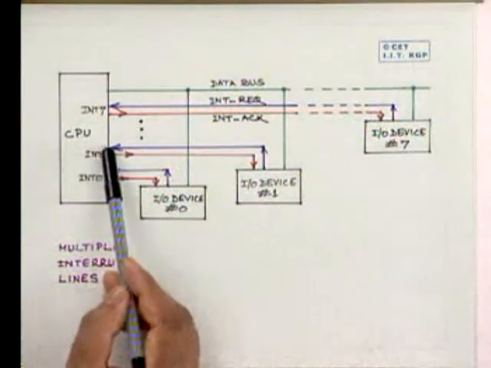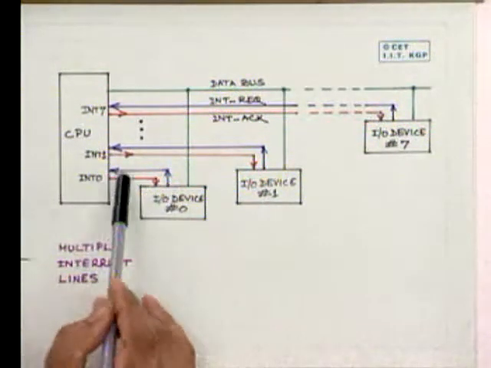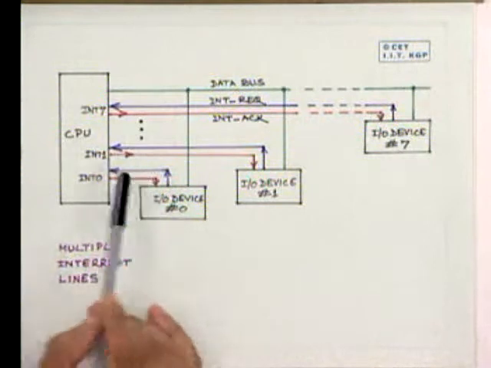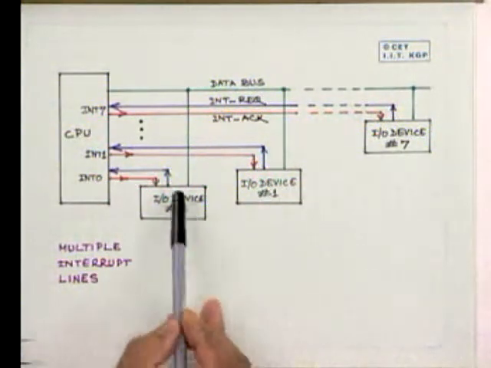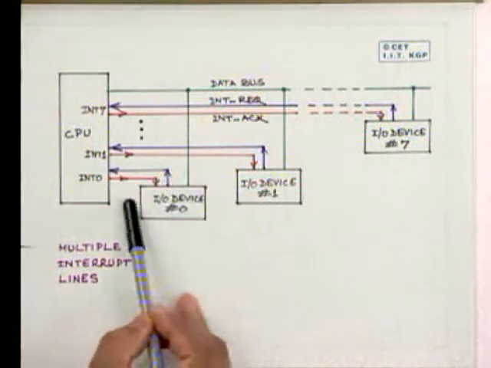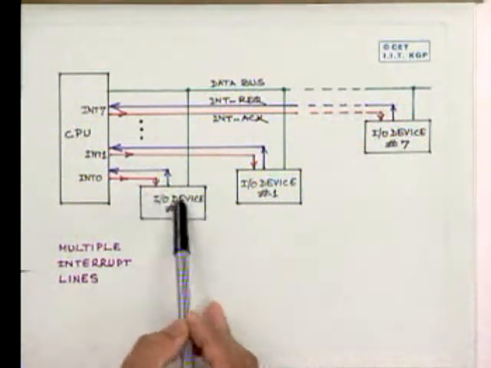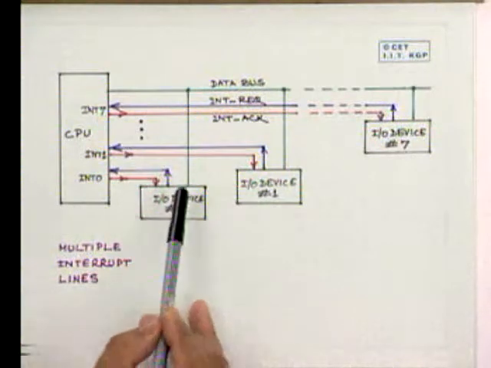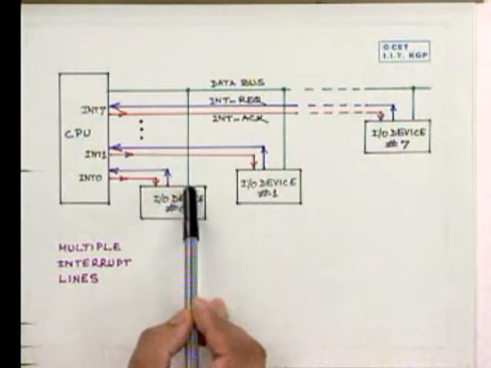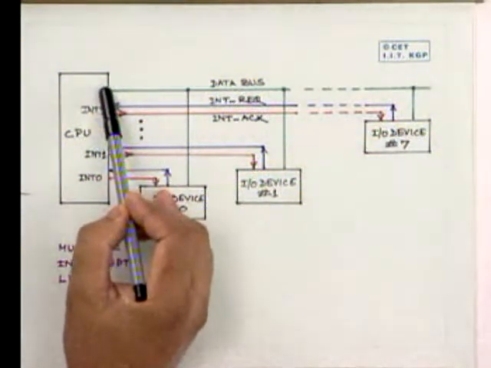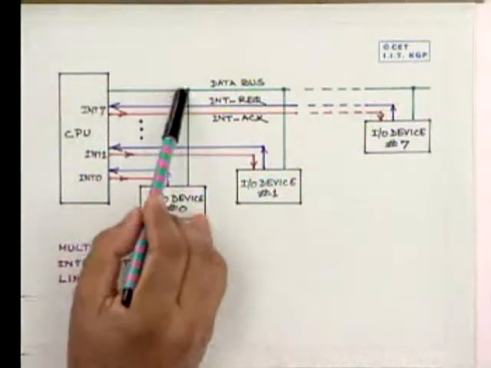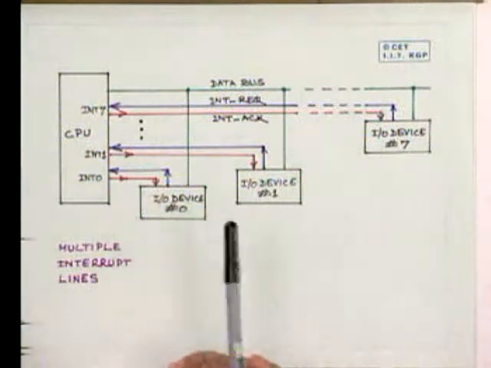Another thing that can be done, which will be essential as we'll see later on, is that as we add more devices, the device itself, by which I essentially mean the device interface, will provide, through the data bus, the address of its own interrupt handler, and that is more logical.